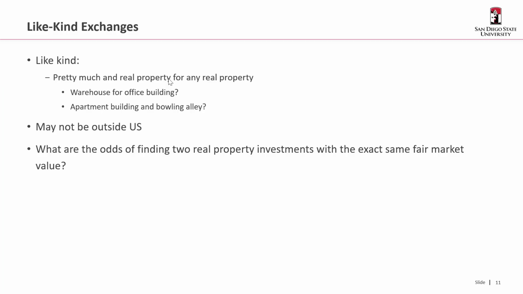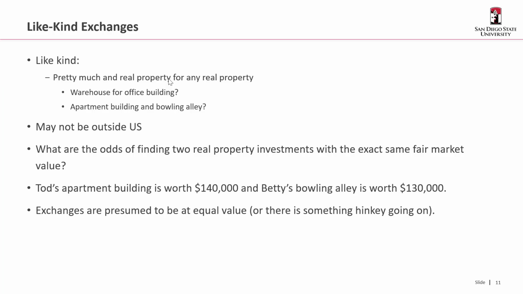So let me ask you, what do you guys think the odds are of finding two real property investments with the exact same fair market value? So for example, in our Lawrence and Duke example, they had the same fair market value. But as you can imagine, since property and land and buildings are so distinct, the idea that you would always be able to match up exactly the fair market values of those two properties is pretty low.